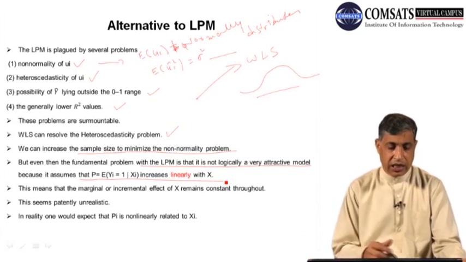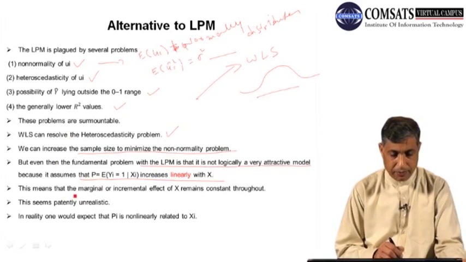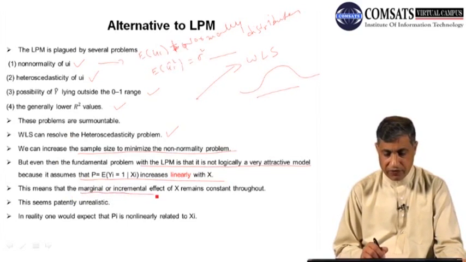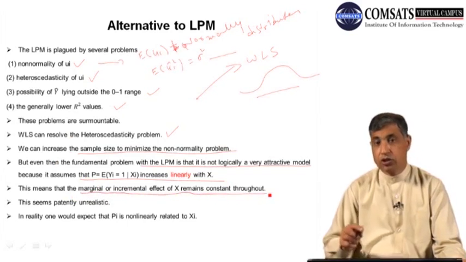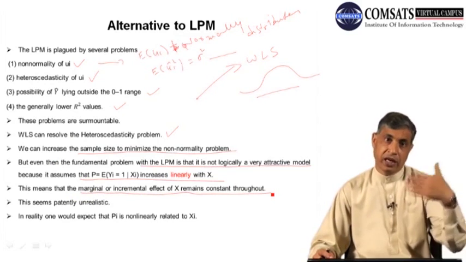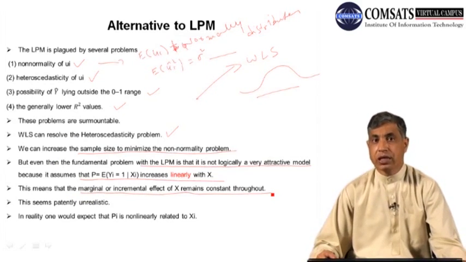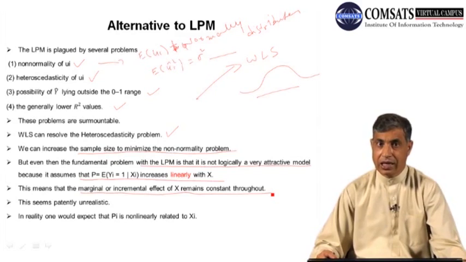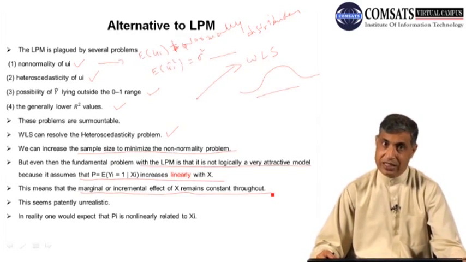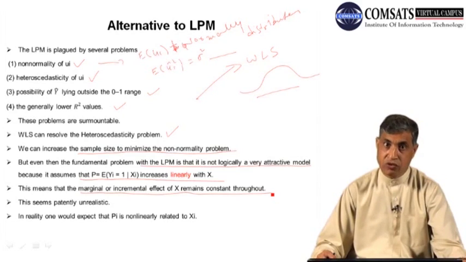What this means is that the marginal or incremental effect of X remains constant throughout. If you have some concern about marginal theory, you come to know that the marginal is not always the same. It is changing over time.